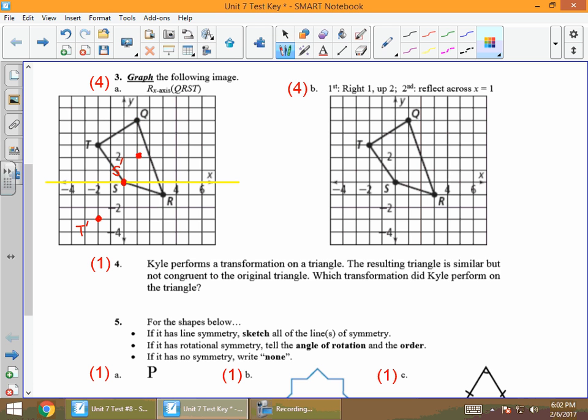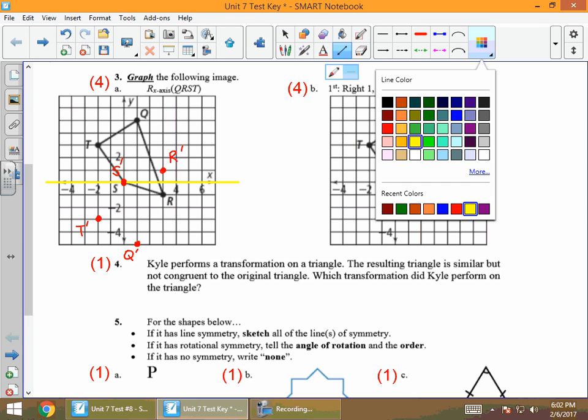Well, it's 1, 2, 3, 4, 5. So I go down 1, 2, 3, 4, 5. And R is 1 point below, so switch to 1 point above. And then I just connect those dots. So I need to connect T to S, S to R, R to Q.